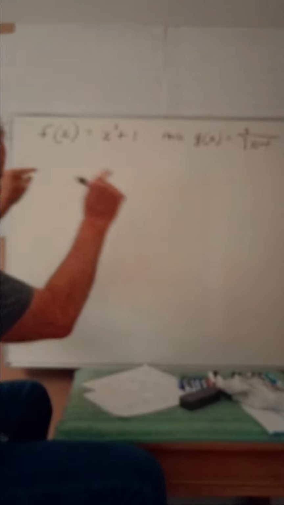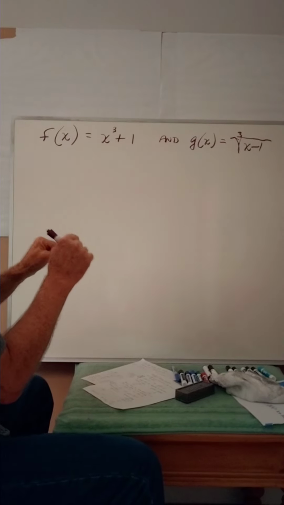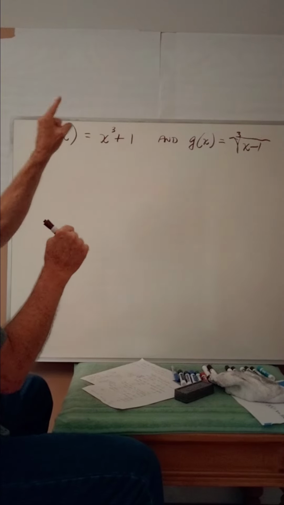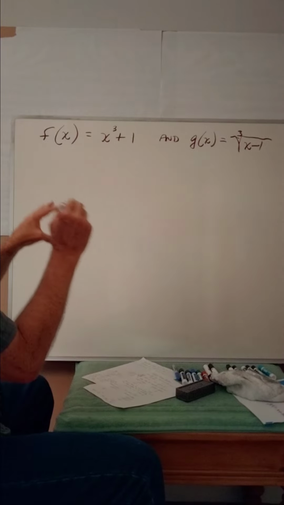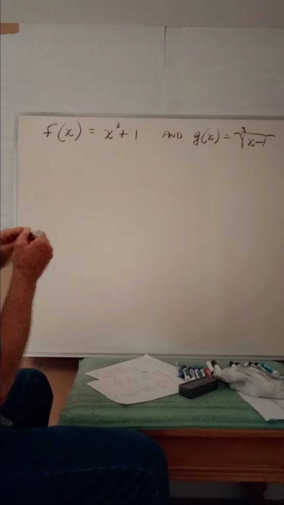And if in both cases, when we form their compositions, the end result for both of them is x, like we shared with the first one up there when we started off this video, then they are in fact inverse of one another.